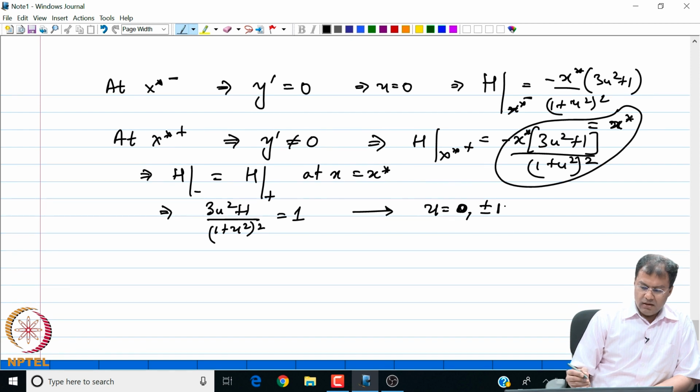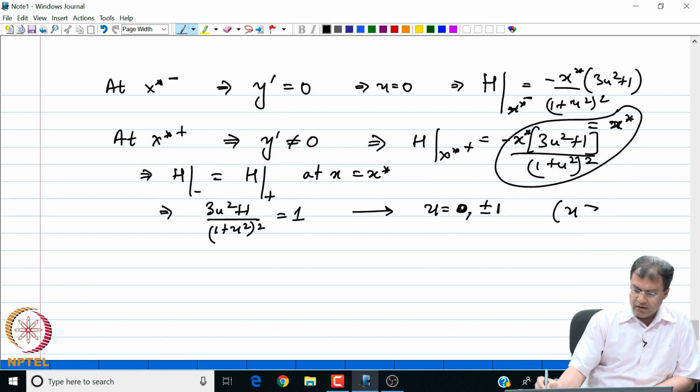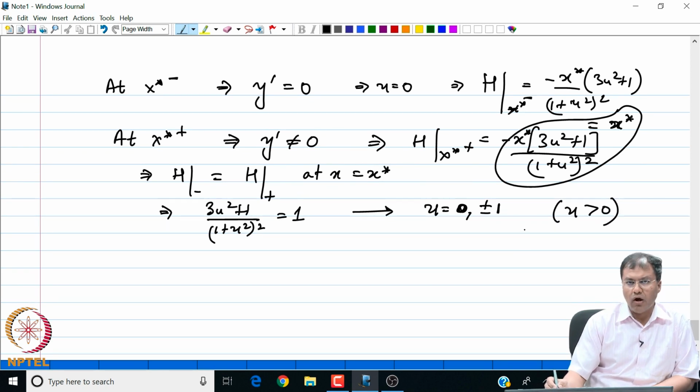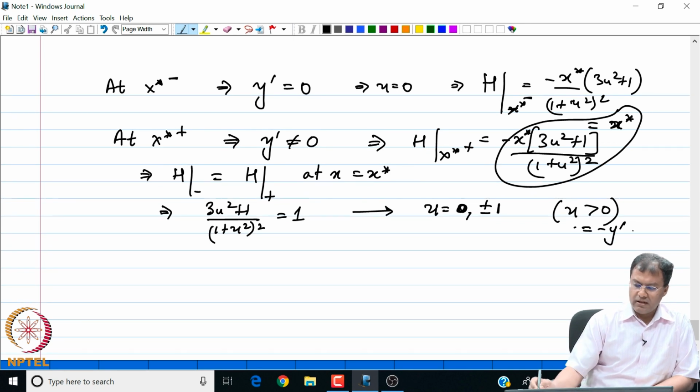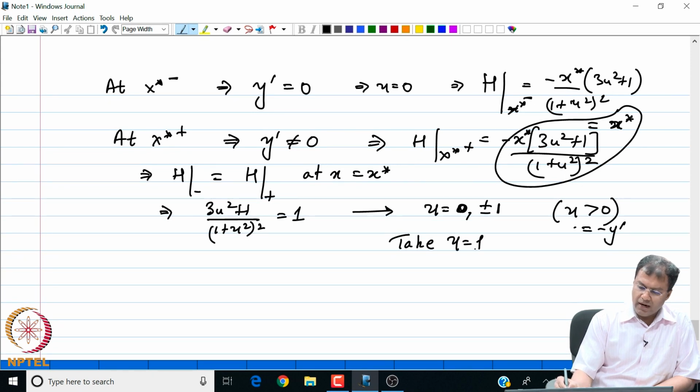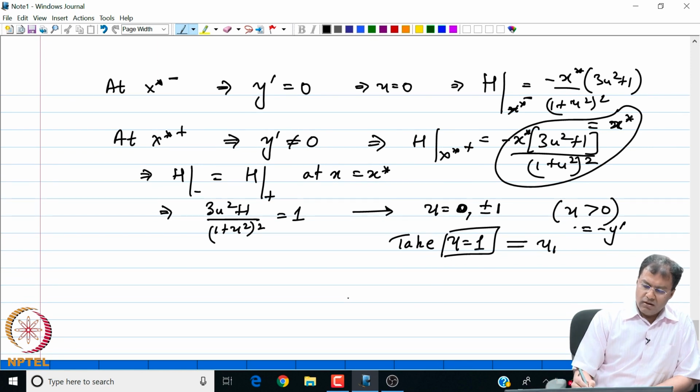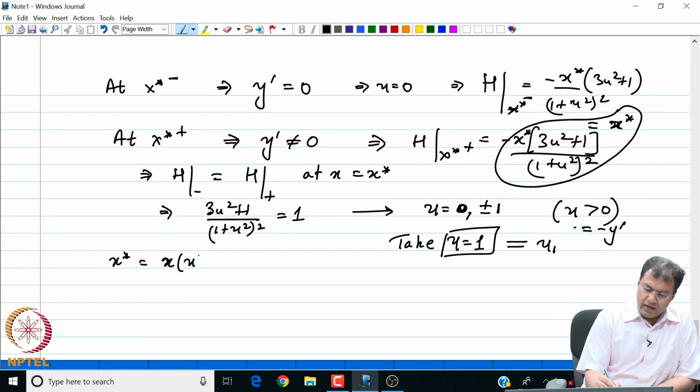Now the question is, what is the value of u? I know that u is positive because the profile is non-increasing, because u is minus y prime, and this must be positive. So we take my u to be 1. This is my value of u1. My x star is x of u1, and we plug the value of u1 to find x star, and that will be my corner point.